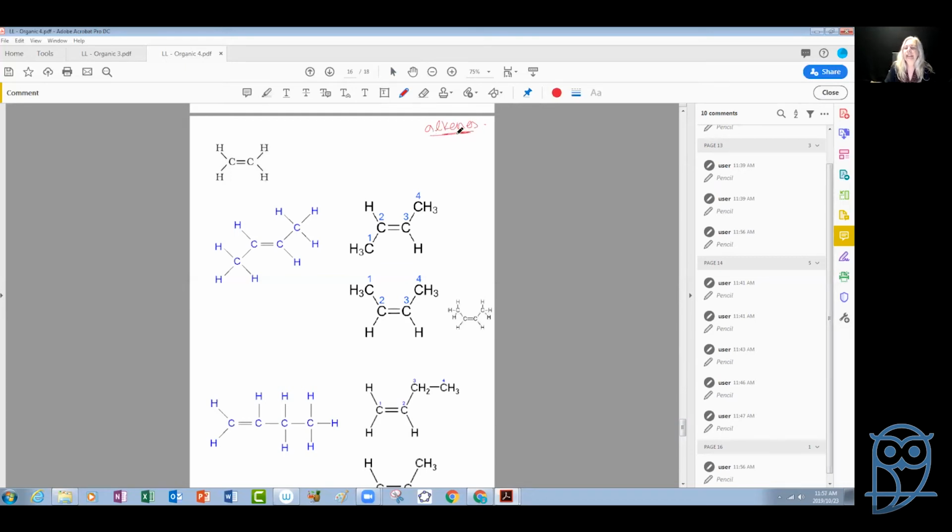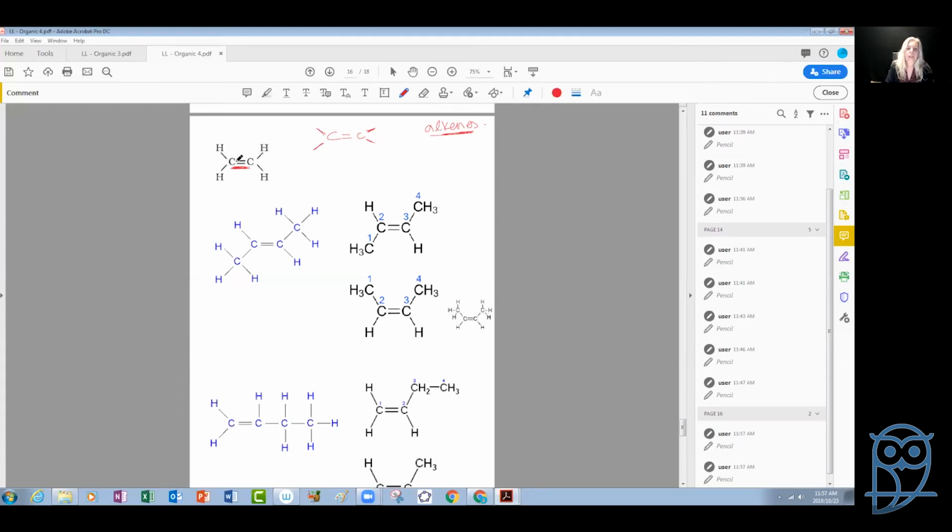Now, when we have alkenes, a useful way to show an alkene is to have the two carbons with a double bond in this configuration.